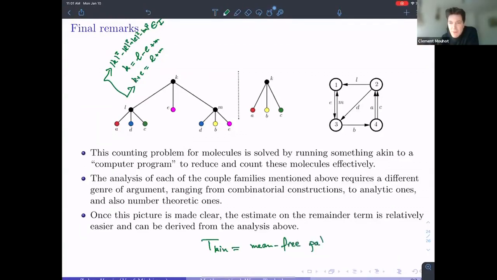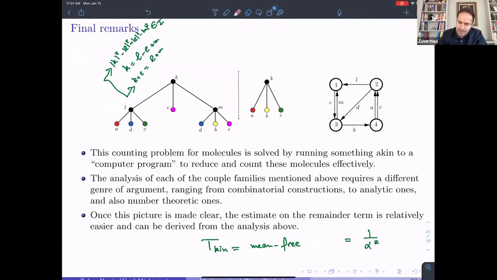Yeah, that's where I was going, Chiara, exactly. So hang on, Zaher. So it's 1 over alpha squared, right? Yeah. And that's the mean free time, sorry. What is the mean free distance? Oh, that's, I think, time, maybe.